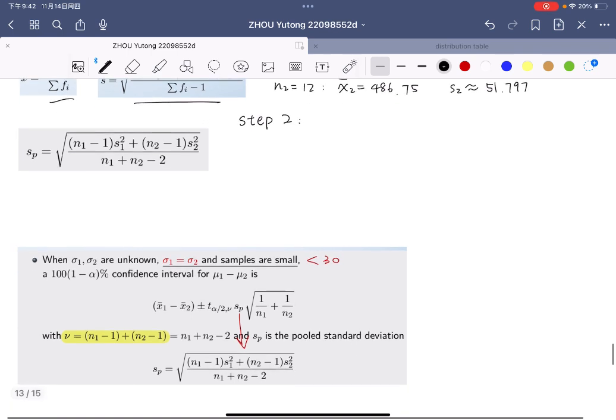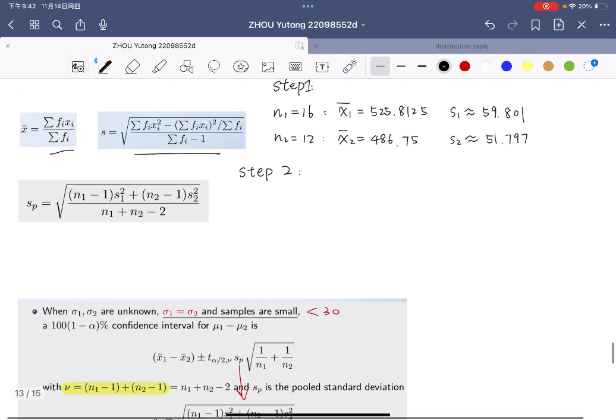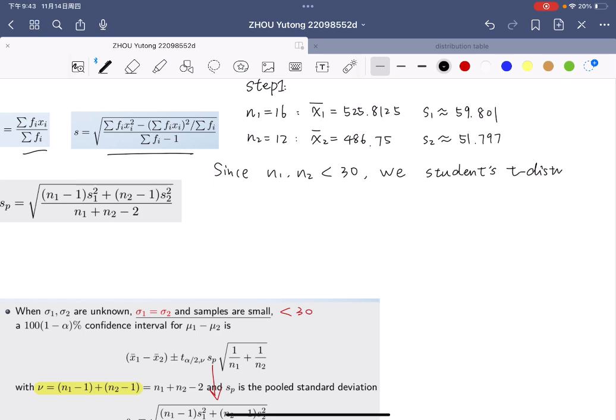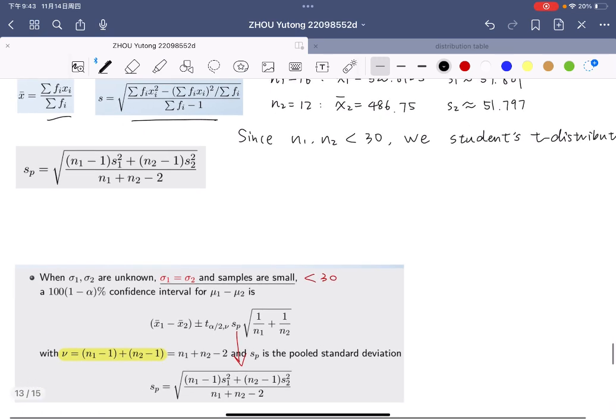Because for this question, both sample sizes are smaller than 30, since n1 and n2 are both smaller than 30, we're going to use the student's t distribution. So we have to calculate the SP for this confidence interval calculation.